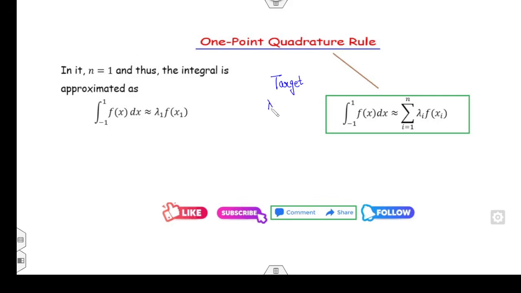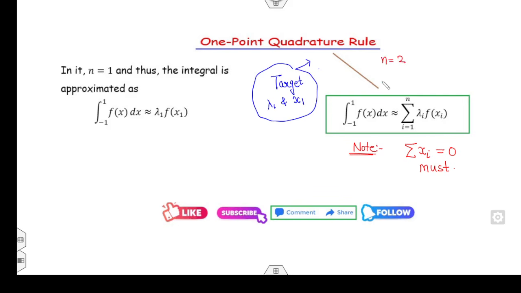Your target is to find the value of lambda 1 and x1. Always remember, I will tell you the easiest way to find the value of xi. Make sure that whatever values of xi you have obtained, the sum of the xi must be 0.